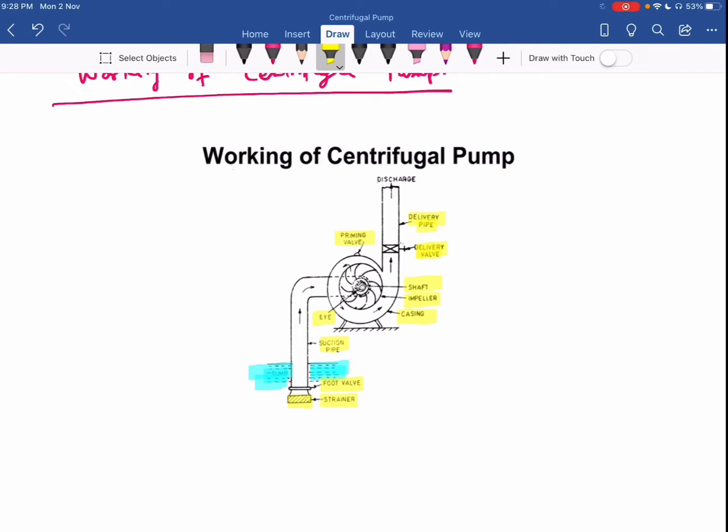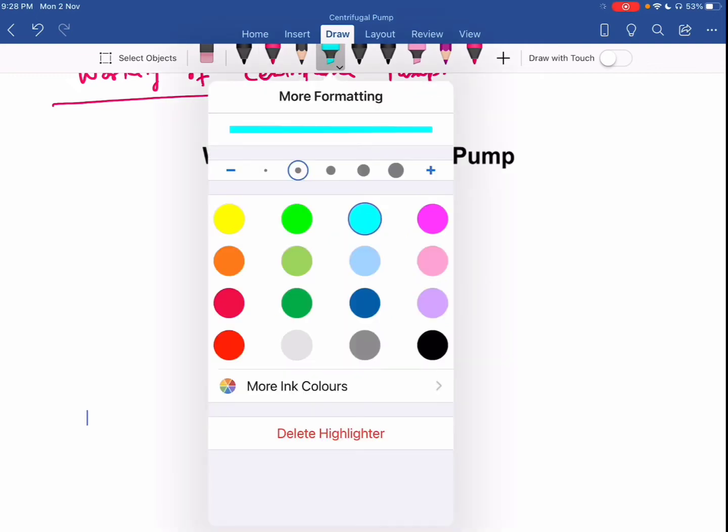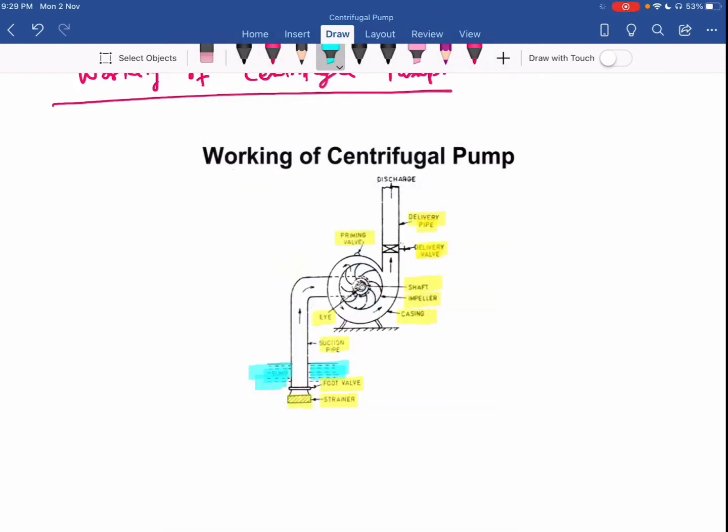Now you see how this pump works. Now in case of centrifugal pump, the water enters the impeller through the eye of the pump. So you can see here the water enters through the eye. Okay.